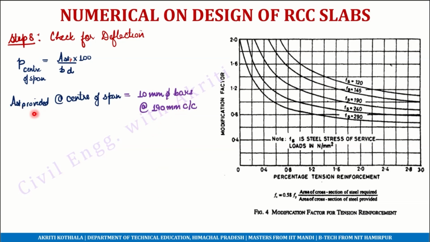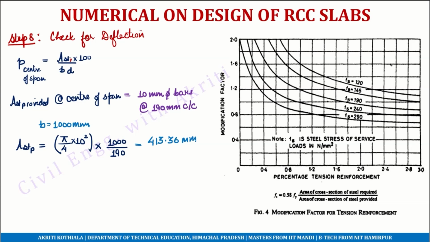So we will be calculating this AST provided again for a width of 1 meter or 1000 millimeters. So we can simply calculate AST provided as the area of one bar into total width B divided by the spacing between these bars. So this calculates to be equal to 413.36 millimeter square. So this much area of steel we have provided.